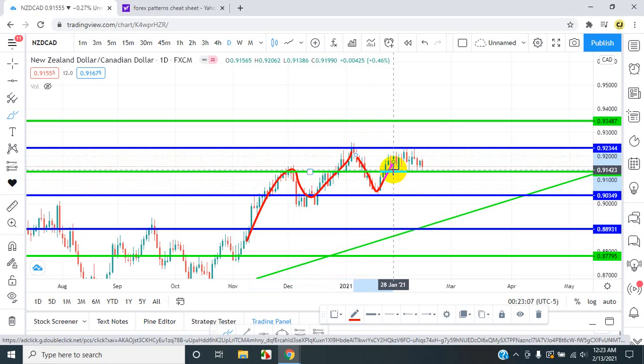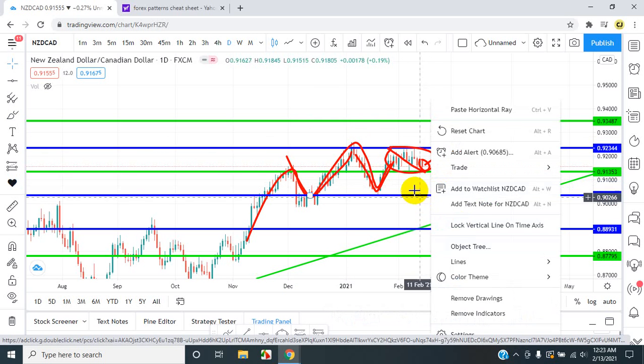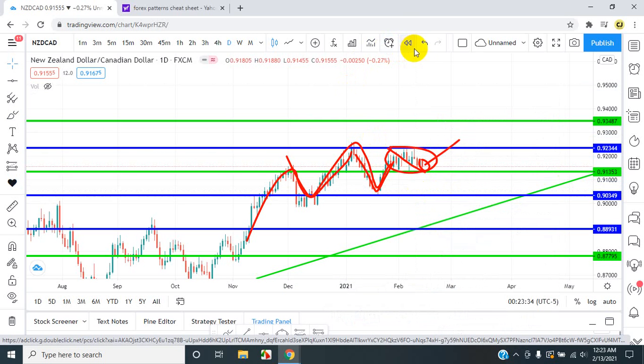So from there we can see that the market has created that W. I'm going to draw right over that W. So all we're looking for in this area here, which I'm going to circle, is the market to touch, and then we're looking for some type of engulfing pattern to happen here for that breakout to happen. So we're looking for a W pattern to complete itself so we can take it for the buy.